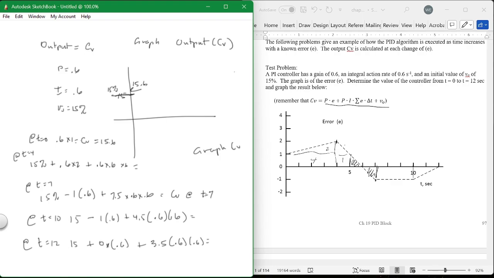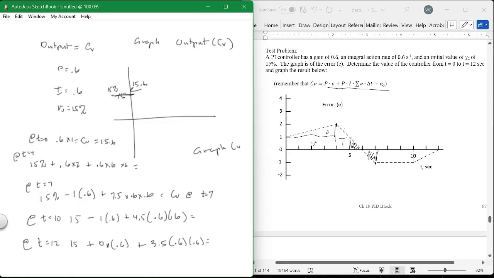If you can understand this algorithm right here, plus the derivative, if there's a derivative term, but I drop out the derivative because it gets a little bit more difficult to figure that part of it out. But if you can graph the output based on the error going up or going down, and again, I don't know what the tuning parameters are for this controller. I don't care. I just graph the output and show the integral of the error and then whatever it's doing, and then you can see that it can control, okay?